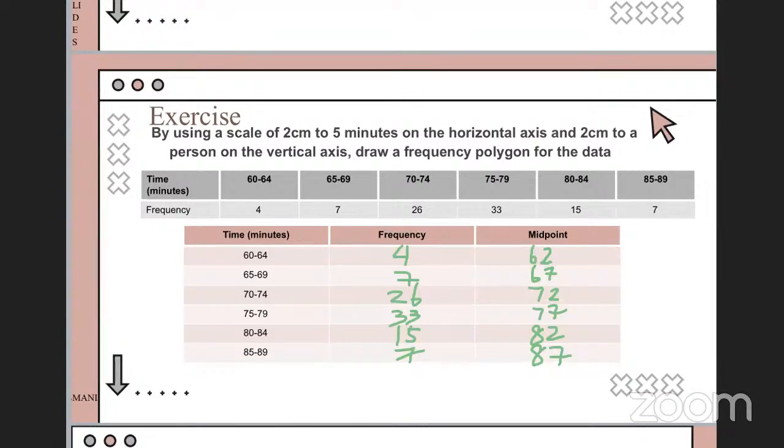Oh, Harry, may I know which figure you don't get? It's okay because we are all in the learning process. No, it's okay, I just got it now. So you can get it right.